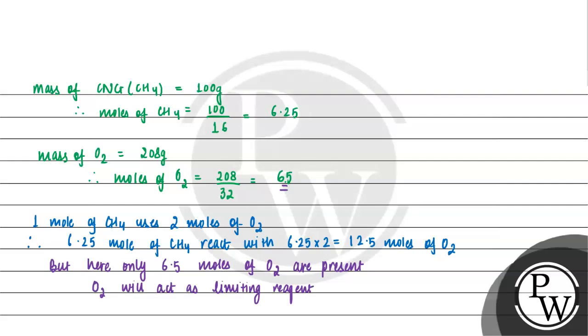Therefore, the CO2 produced will depend on the moles of the limiting reagent, because any product produced depends on the moles of the limiting reagent. Here the limiting reagent is O2, so the CO2 produced will depend on the moles of O2.